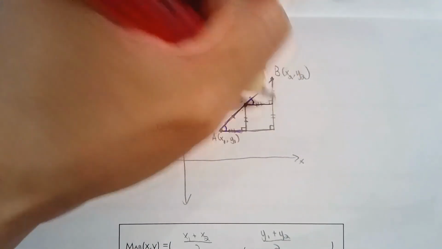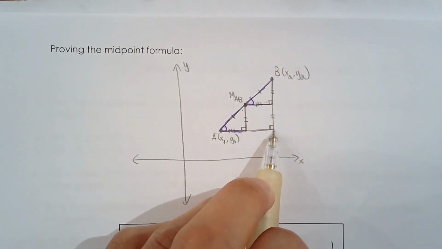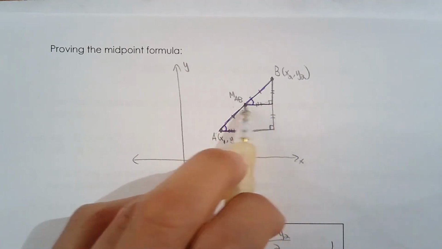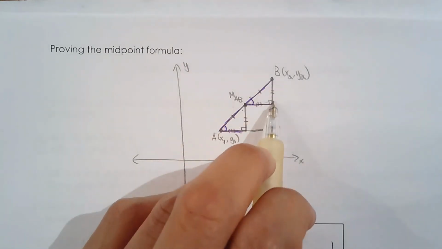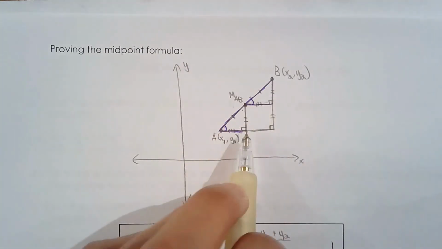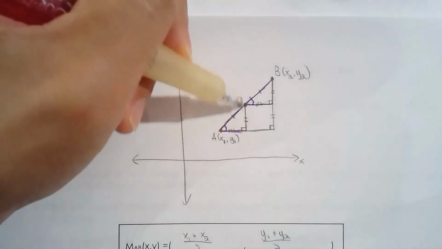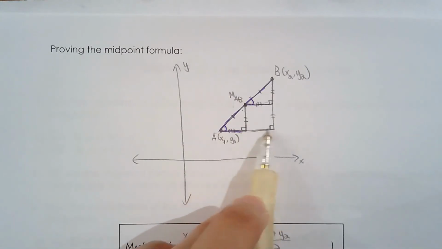You can shift this point over here, and you'll see that if you want to get to a point on this horizontal line, you need to average the y-coordinates. And if you want to get to a point on this vertical line, you have to average the x-coordinates.